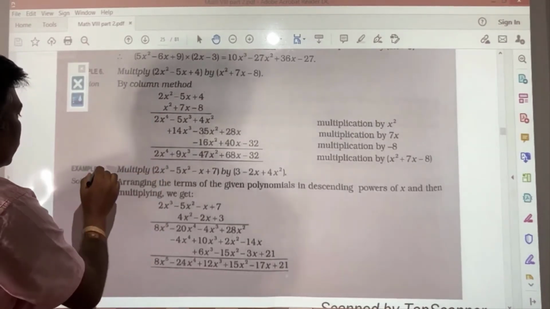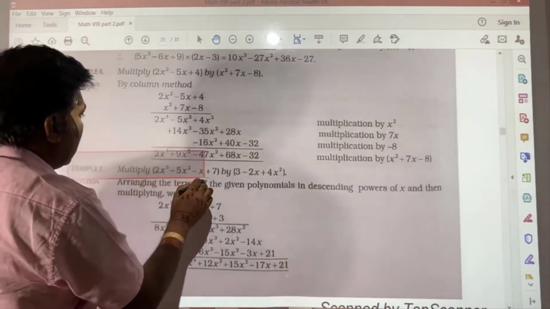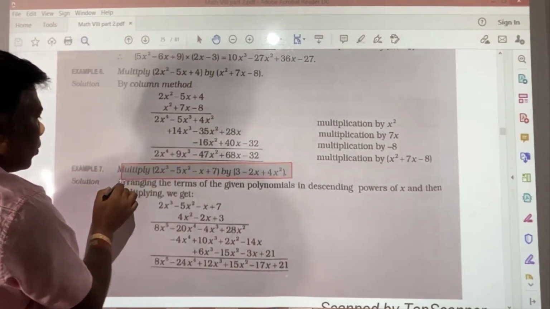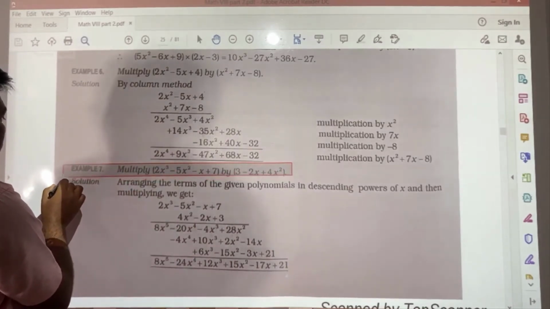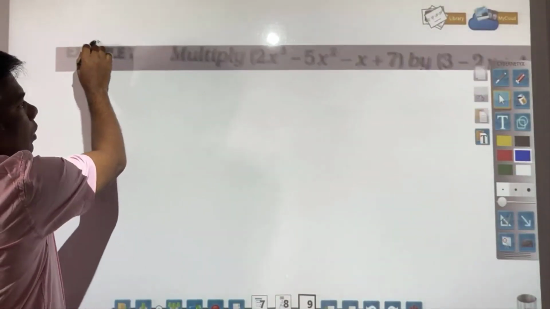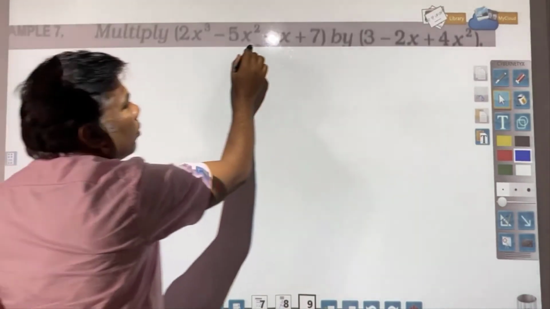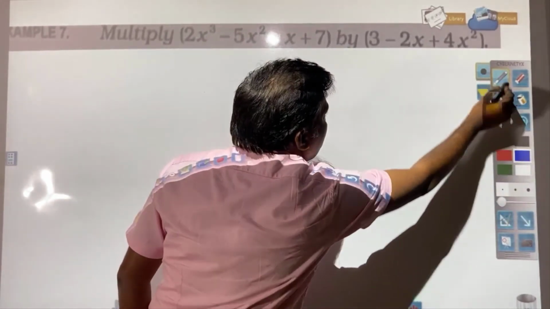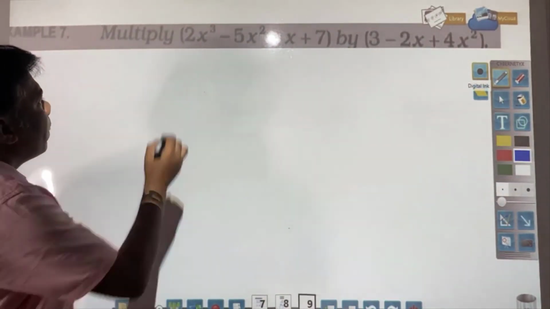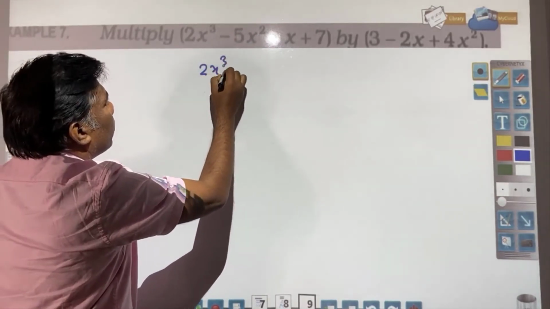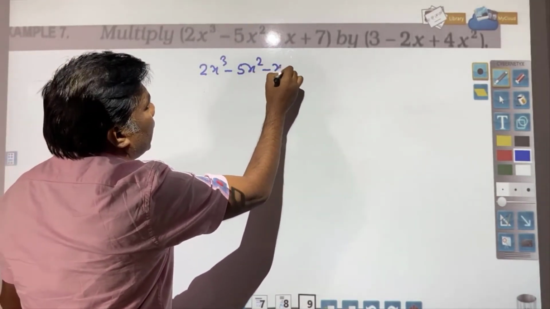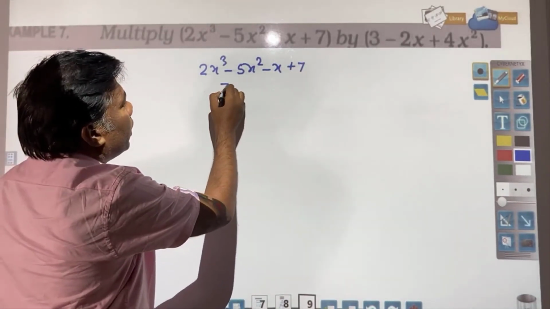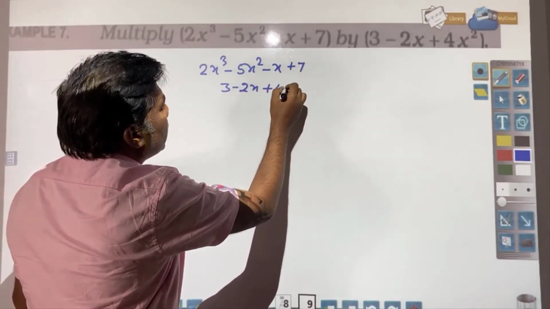Suppose you have this question: 2x cubed minus 5x square minus x plus 7, and you need to multiply it with 3 minus 2x plus 4x square.